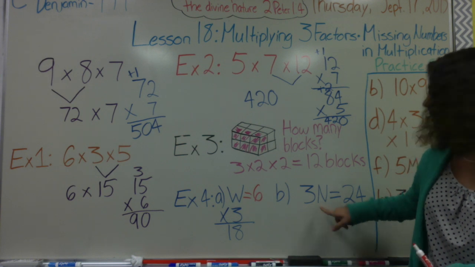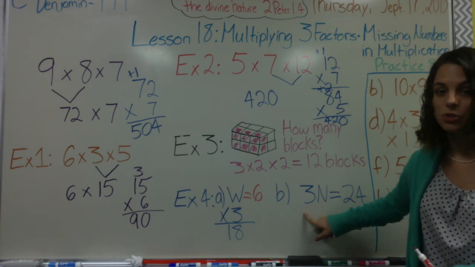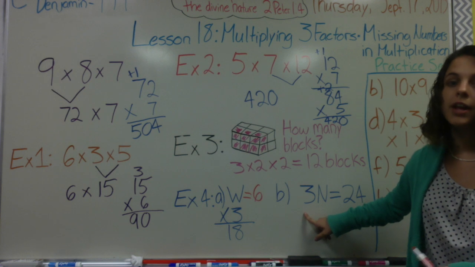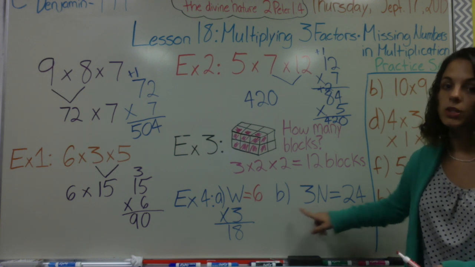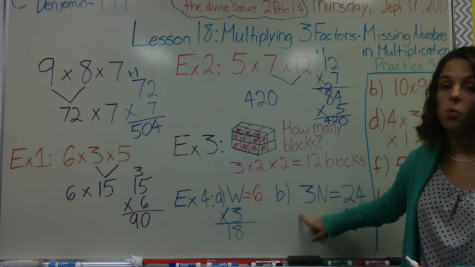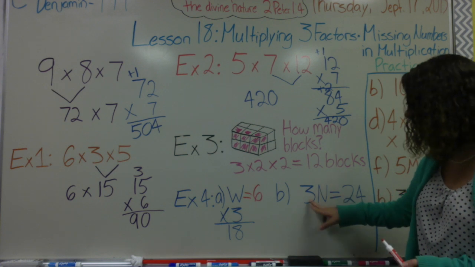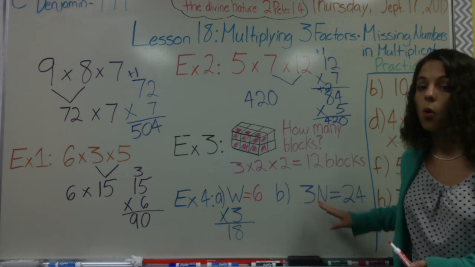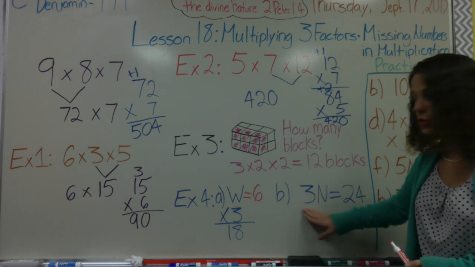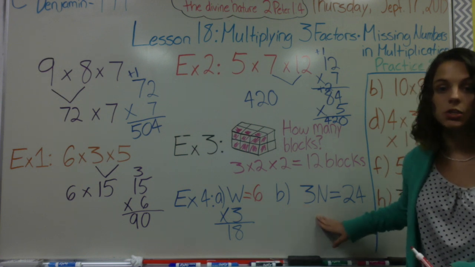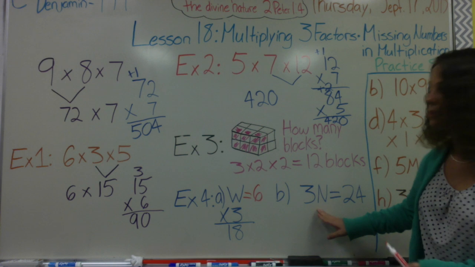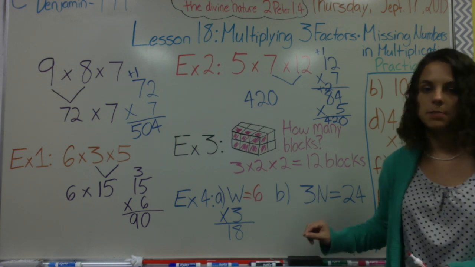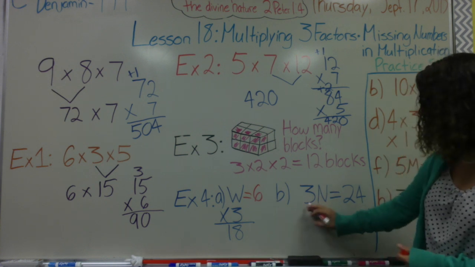Whenever you have a missing number right next to a number itself, they are factors. They are being multiplied together. That's always going to be the case. So if you don't see a multiplication sign, a division sign, addition, or subtraction, you can automatically assume that it is multiplication. That's always your go-to. You really need to make a mental note of that.